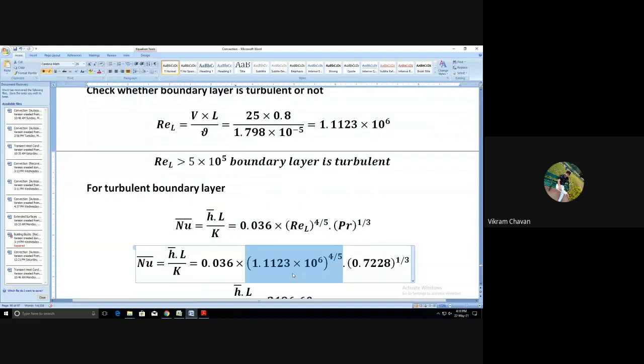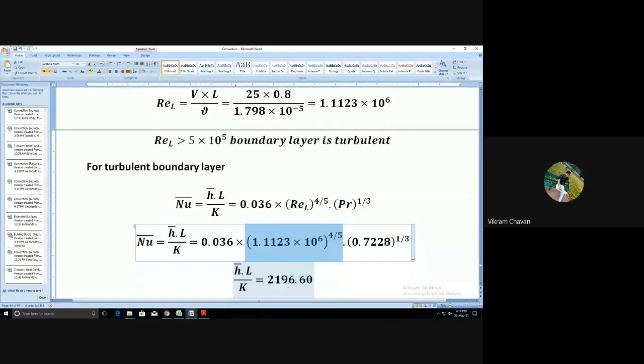Anybody else? Whether you are getting h bar L divided by k equal to 2196.60, we just have to multiply this value by k and divide by length.